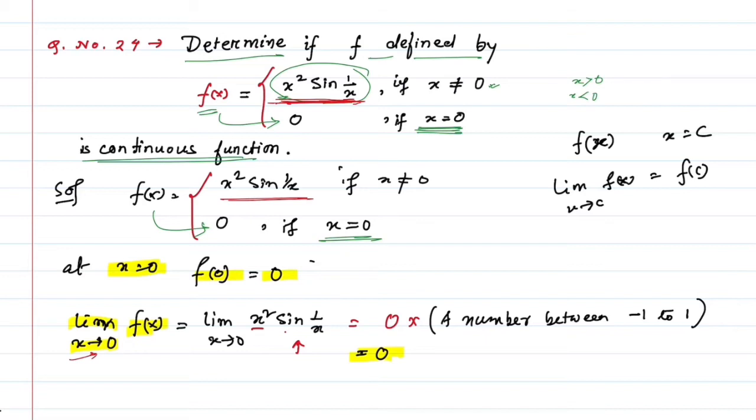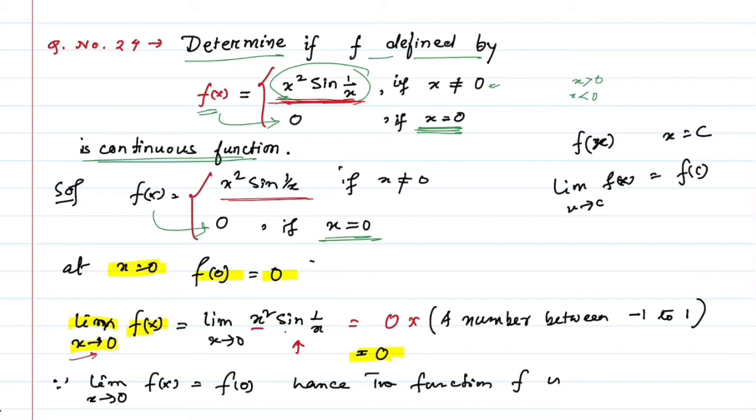So we can say, since limit x tends to 0 of f of x is equal to f of 0, hence the function f is continuous. So that's why it is continuous. Hope you have understood this.